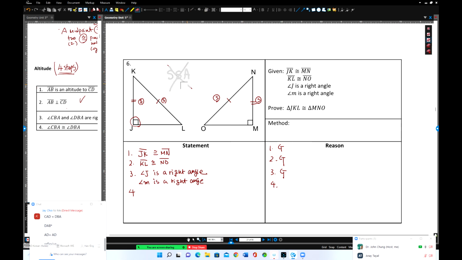What is this? In this right triangle, because if this is a right angle, we know that these two triangles are right triangles. Some teachers would say triangle JKL and triangle MNO are right triangles.